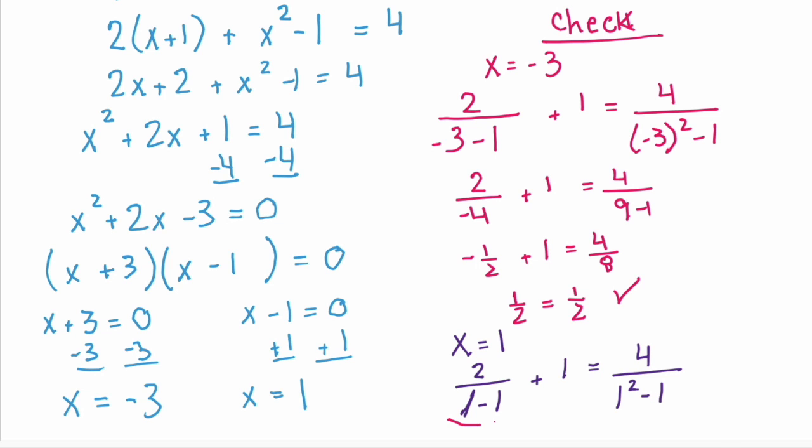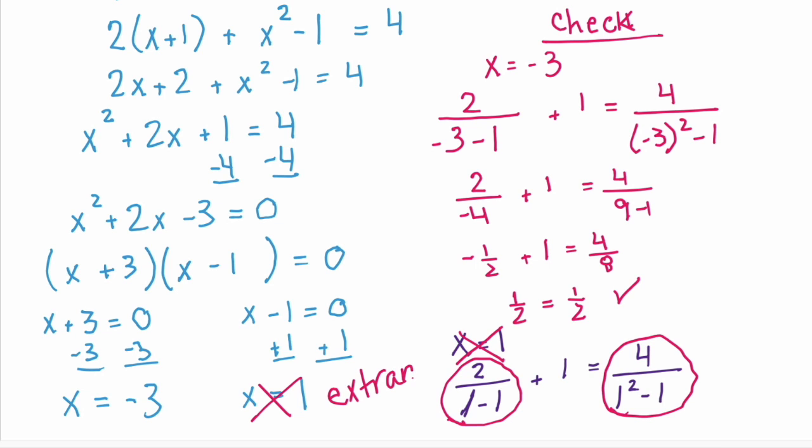Notice what happens in this very first term and also on the far right. These two denominators become 0, and you can't have 0 in the denominator. So x equals 1 gets thrown out. It's what we call an extraneous solution. So the only possible solution is x equals negative 3.